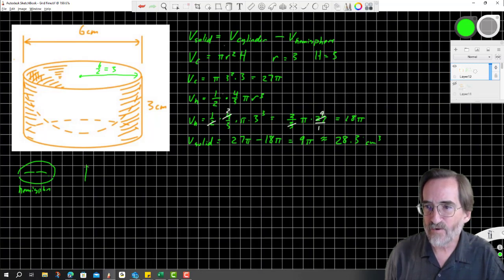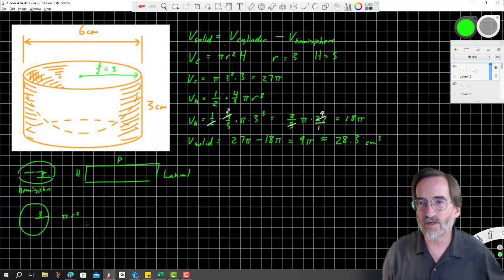Plus there's the lateral side of the cylinder, which is the perimeter times the height. This is the radius. Plus there is the base, the bottom, with a radius of 3, which is a circle, pi r squared. So we've got those 3 areas here.